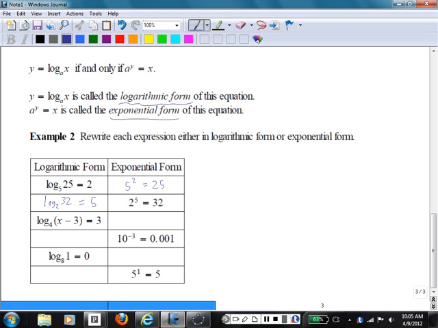All right. Log base 4 of (x minus 3) equals 3. The base is 4. We're going to raise 4 to the third power. And we'll get x minus 3 as the answer.